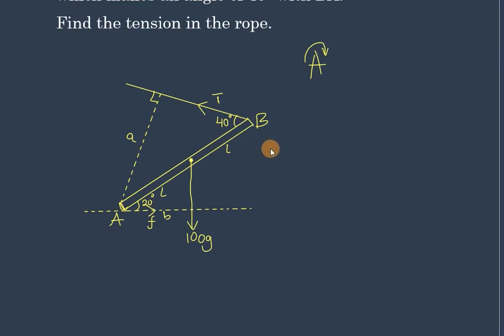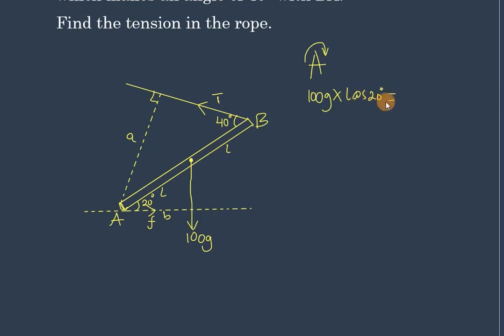So for the clockwise moments we have the 100g Newton force multiplied by this distance here. This side is the hypotenuse and it is L, and this one is adjacent, so we have L times cosine of 20 degrees.